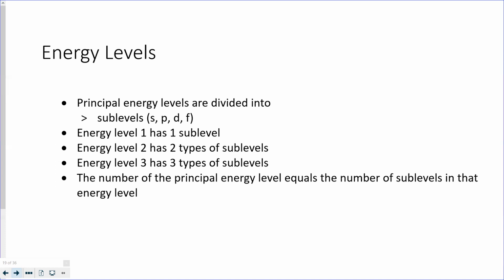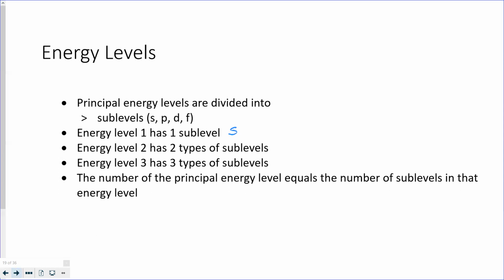The principal energy levels are divided into the sublevels, the S, P, D, and F sublevels. And not every energy level has every type of sublevel. So for energy level 1, the first energy level has one type of sublevel. So it only has an S sublevel.